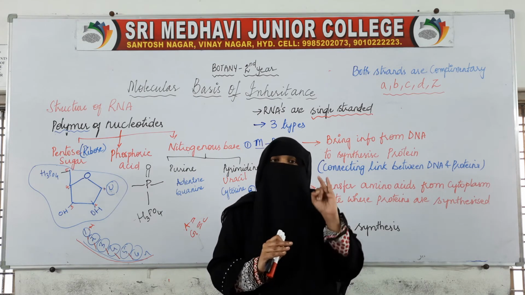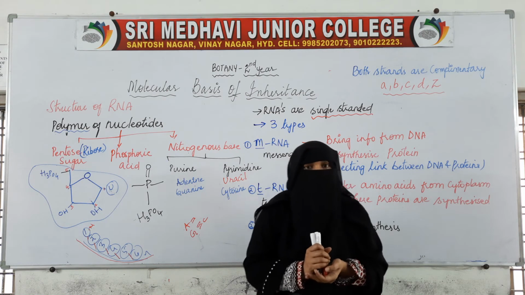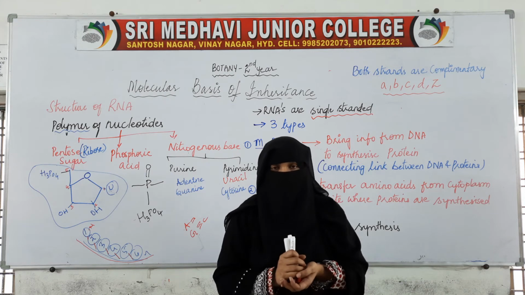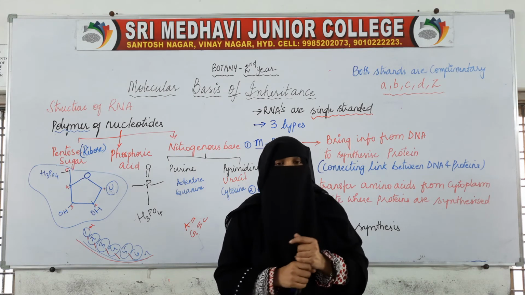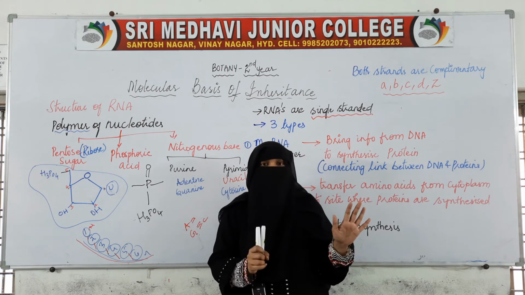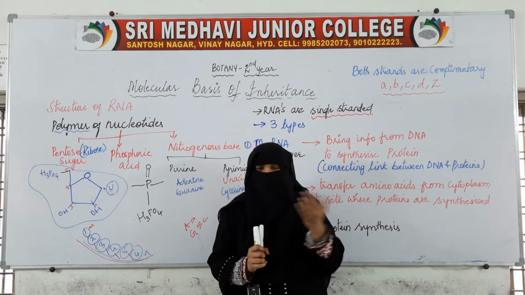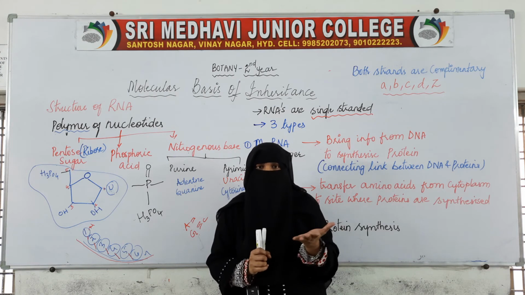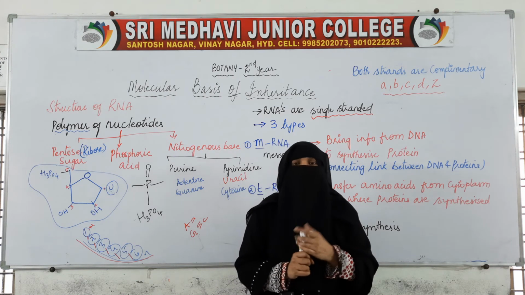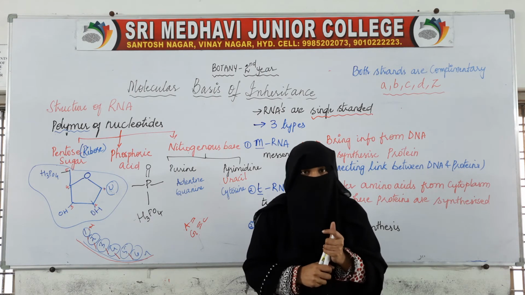Continuous proteins are being made in our body, because for doing all the work we require enzymes, and for formation of enzymes we require proteins. So there is continuous synthesis of proteins whenever the process is going on and proteins are required.